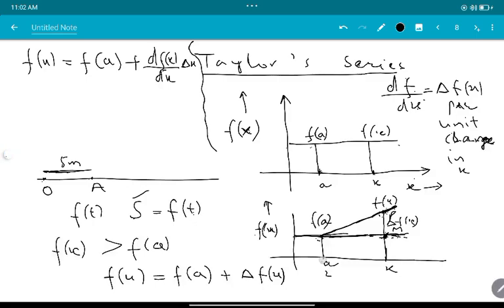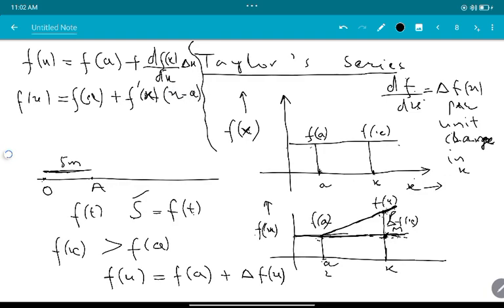Since x minus a is the change in x, I can write f(x) is equal to f(a) plus f dash x, the derivative of f(x) with respect to x, which you can read as f dash x or f prime x, into the change in x, that is x minus a.